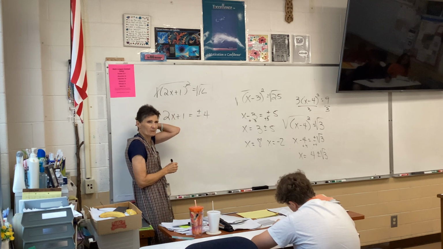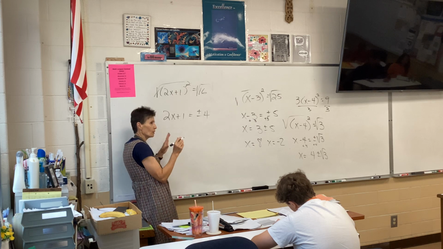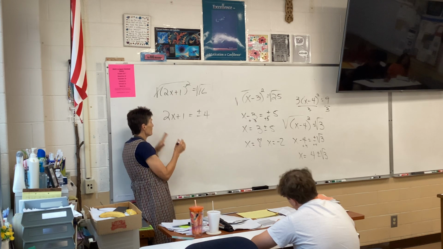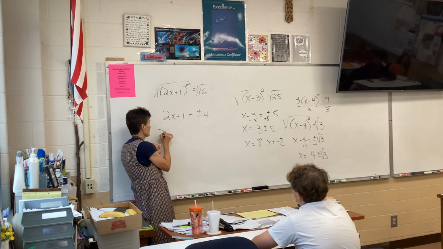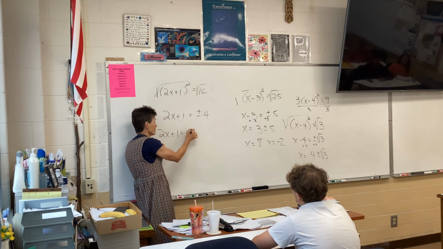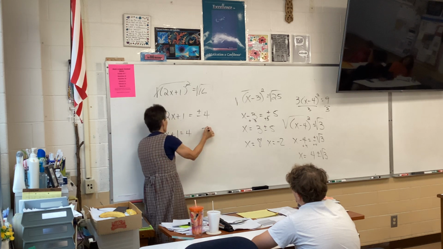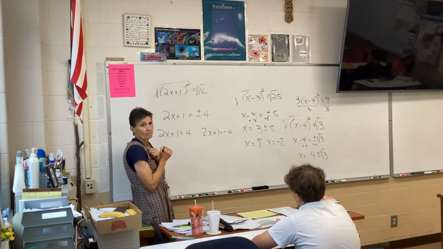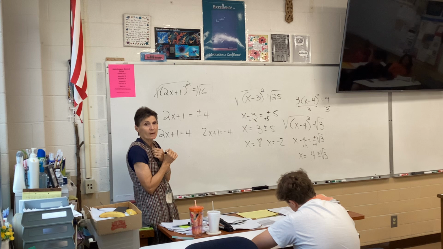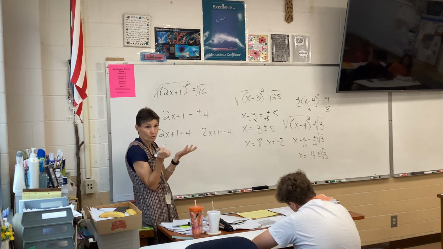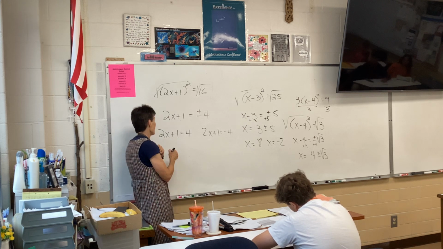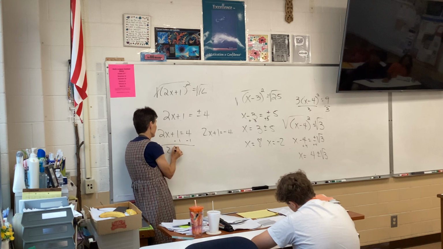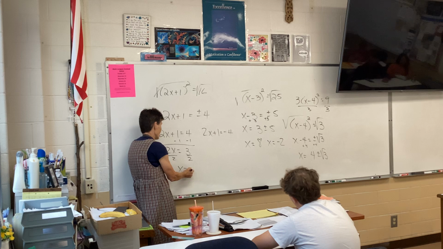Now this one's a little complicated. Would you agree that this is really 2 separate equations? 2x plus 1 equals 4, and 2x plus 1 equals negative 4? So to get my 2 answers, I will solve those 2 equations. So I can subtract 1 and divide by 2.